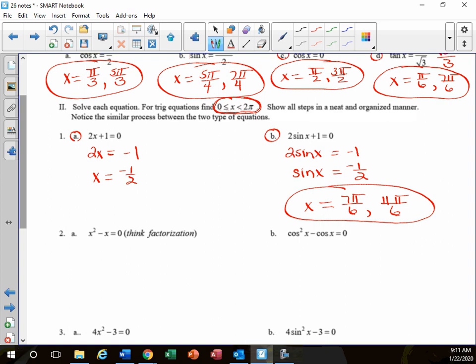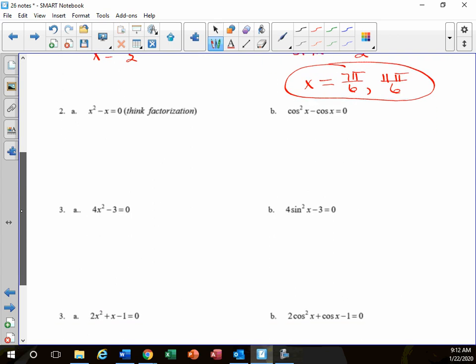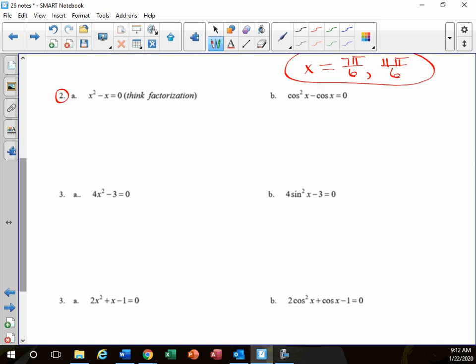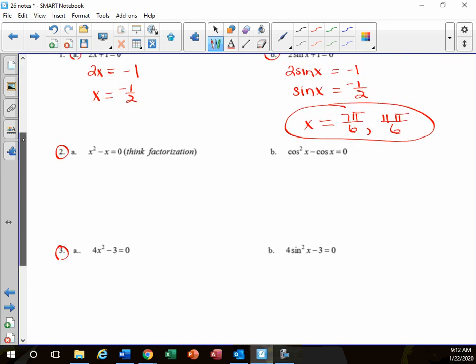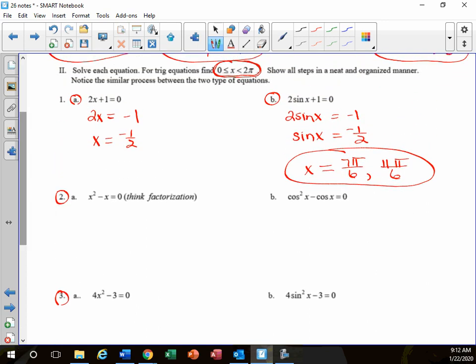All right, I want you to try 2, 3, and apparently another number 3. I don't know why that's 3. Yes? Like instead of 11 pi over 6, like negative pi over 6. Okay, so those are coterminal, but is negative pi over 6 in 0 to 2 pi?